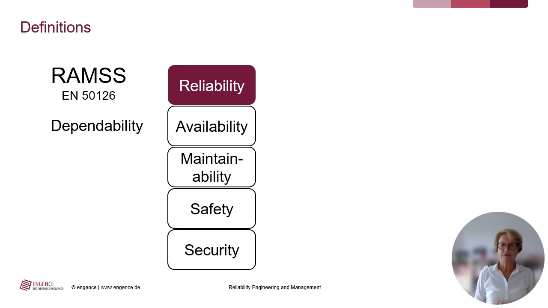Dependability covers reliability, availability, maintainability and repairability, as well as product safety and data and information security. Taken together, these are the so-called RAMSS attributes.